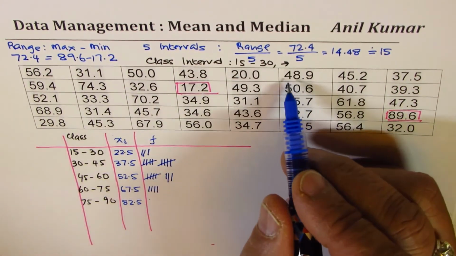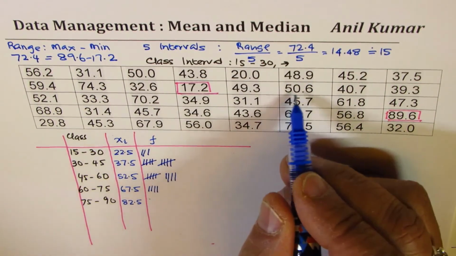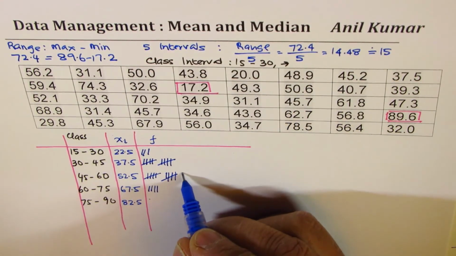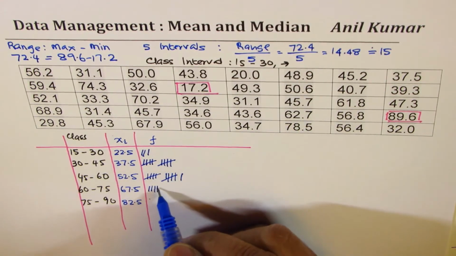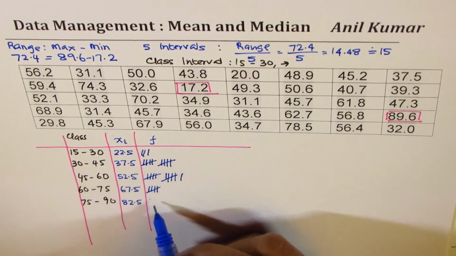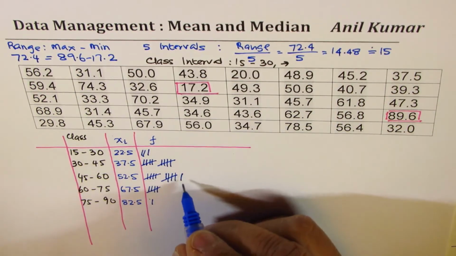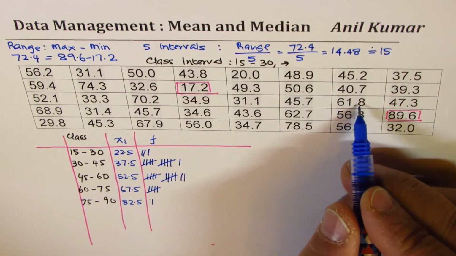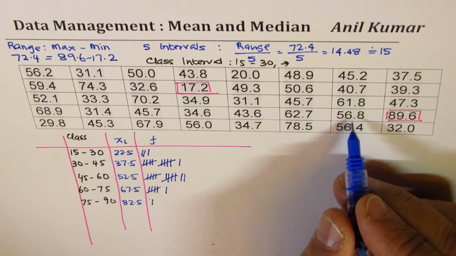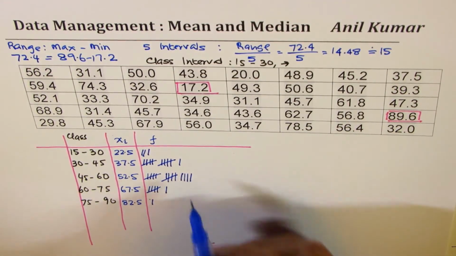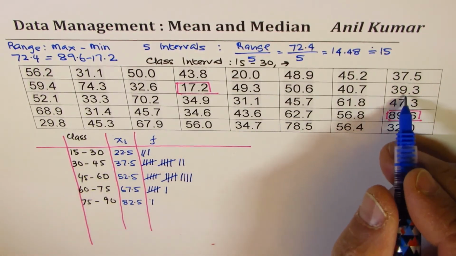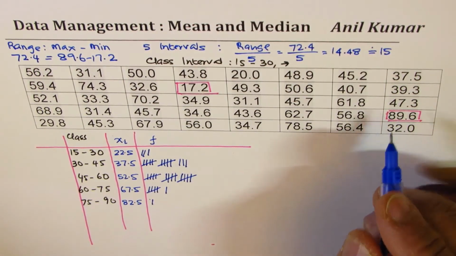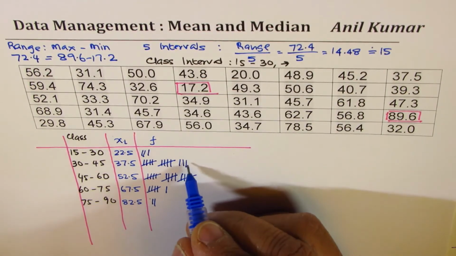Now 48.9. 50 point something. 45.7. 62.7. 78.5. 45.2. 40.7. 61.8. 56.8. 56.4. 37.5. 39 point something, 47.3, 89.6, 32. So there we go.